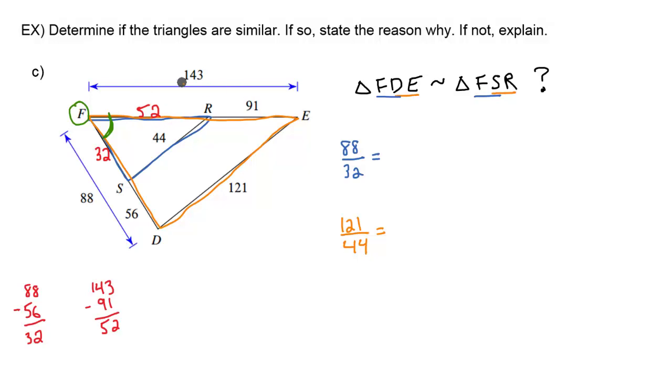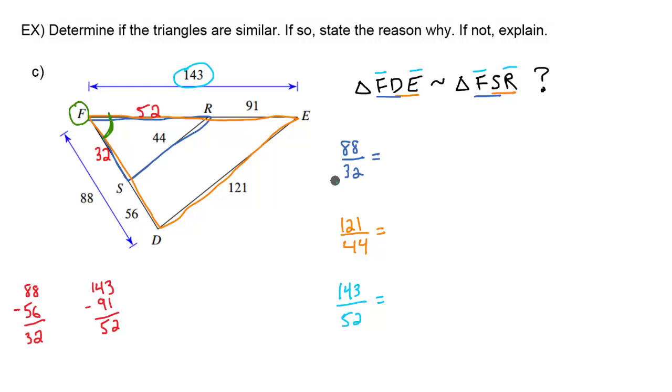And then we want to use this top side, I guess you'd say. That's going to be side FE, and from F to E, it looks like we're at 143. So I do 143 divided by FR, the smaller side here, which is 52.